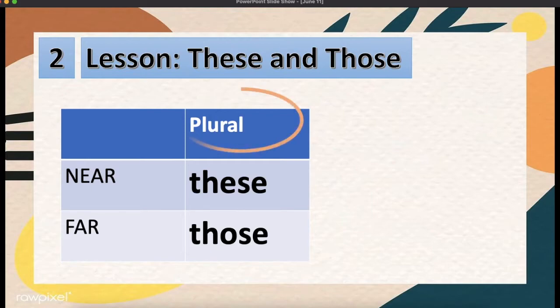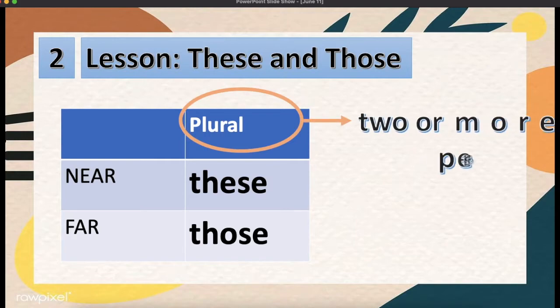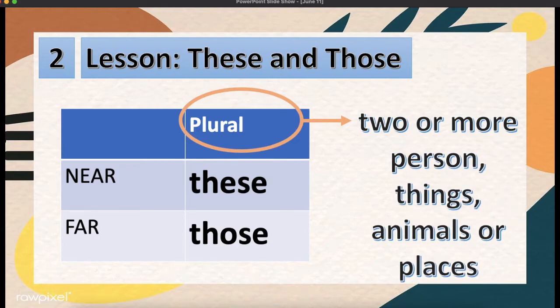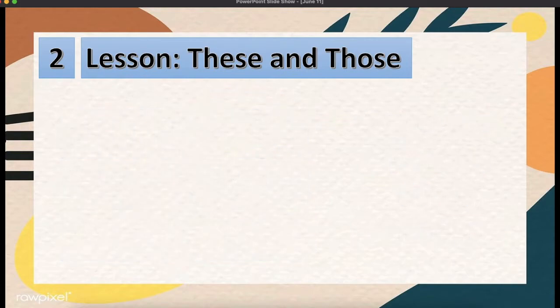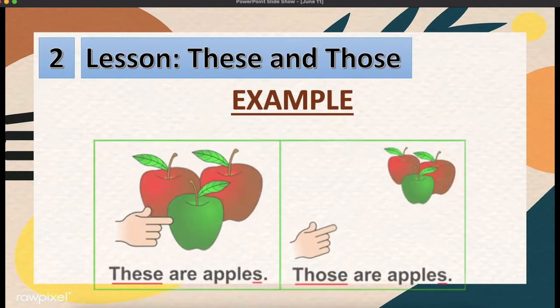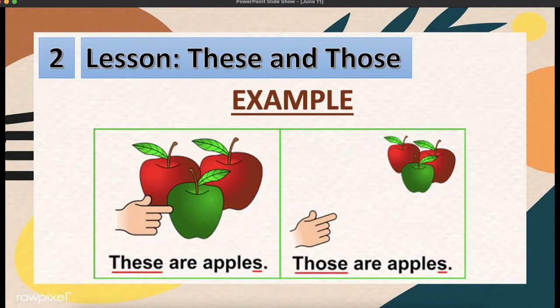What do we mean by plural? If you do not understand what plural is, it means that it is two or more persons, things, animals, or places. Let's move forward to our example so you will understand. Example: These are apples.